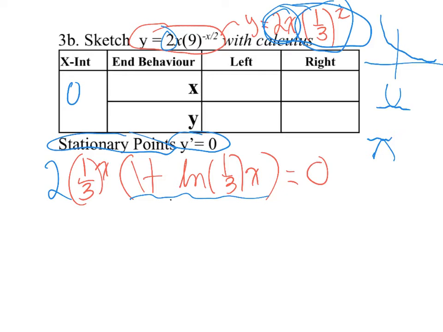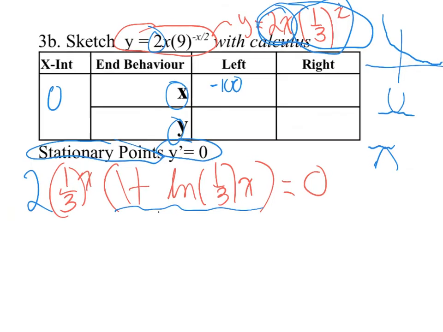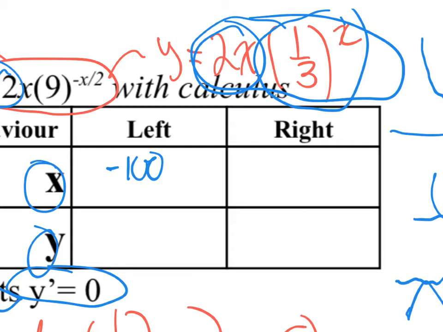Okay, so what we need to do is look at our end behavior for this. So we've got x and y in a horizontal table here. If I go really far to the left, what's an x value that's really far to the left? Well, we could do negative 100, for example. So then I'd have 2 multiplied by negative 100 multiplied by 1/3 to the negative 100.